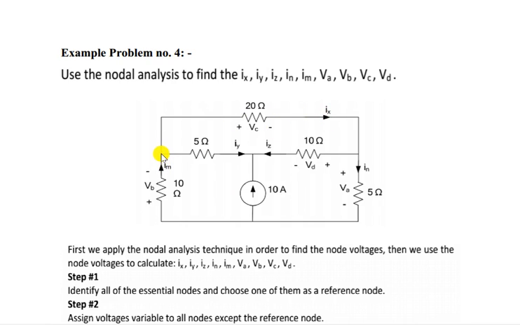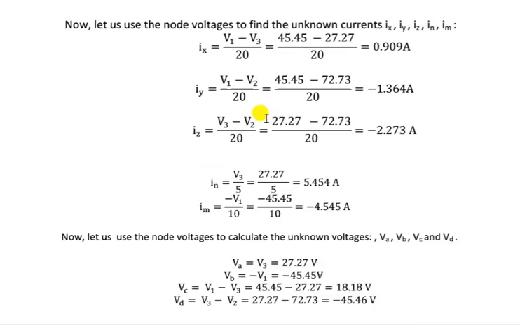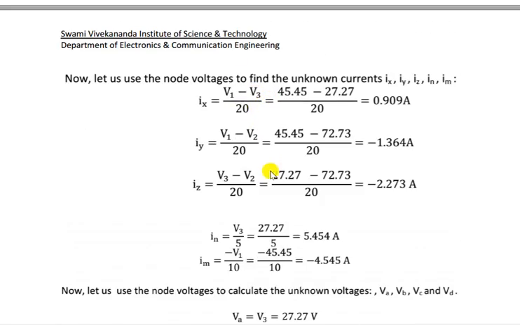This current is flowing between node 1 and node 3, so Ix is V1 minus V3 divided by 20.